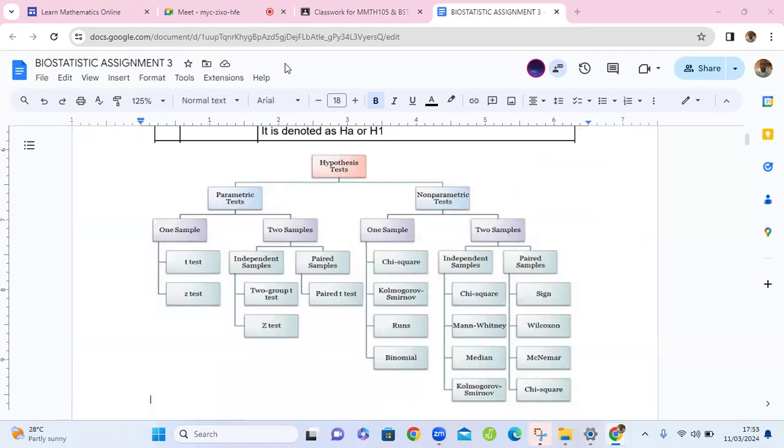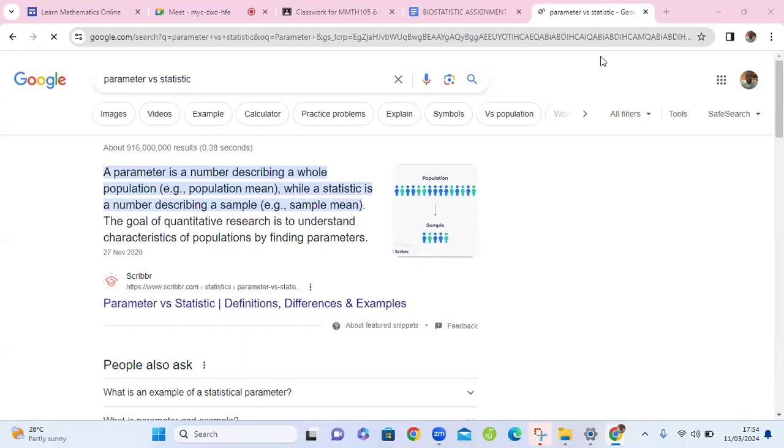Let's do that. So we look up the word parameter versus statistic. And as it says here, a parameter is a number describing a whole population, while a statistic is a number describing a sample. The goal of quantitative research is to understand characteristics of populations by finding parameters.